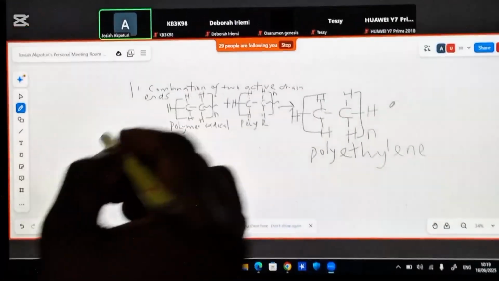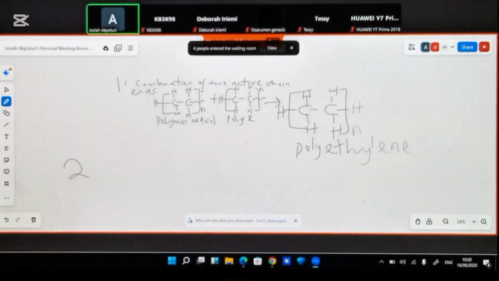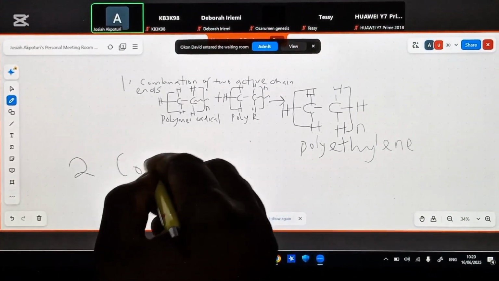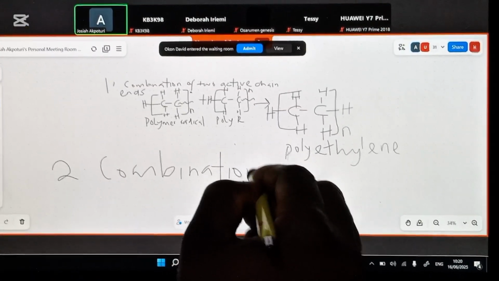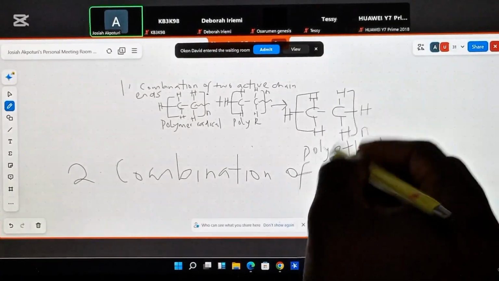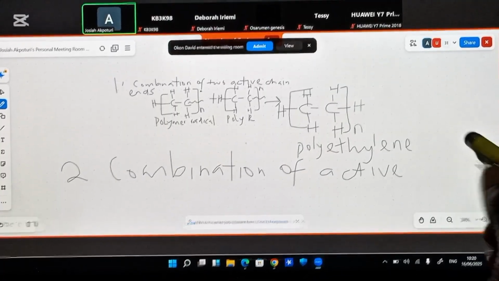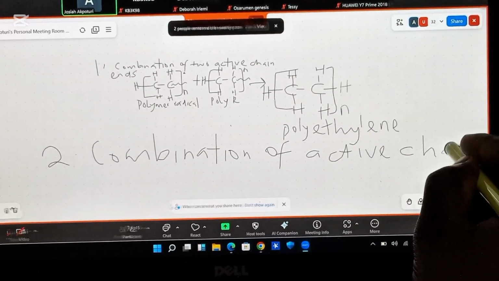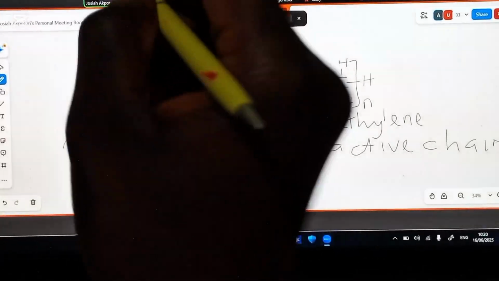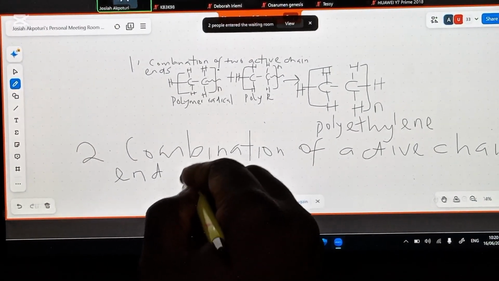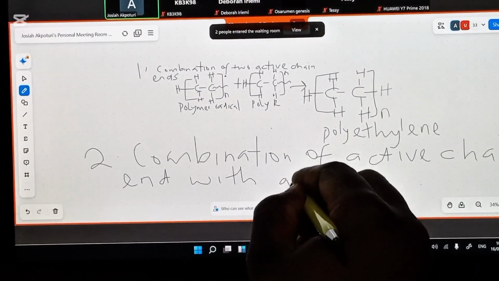Then number two is combination of active chain with an initiator. You know, we talked about the initiator.